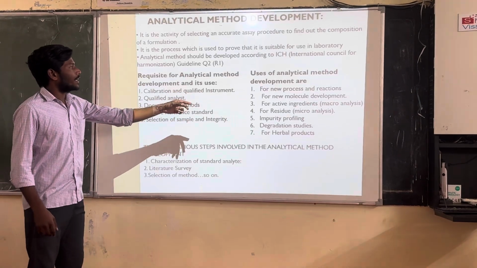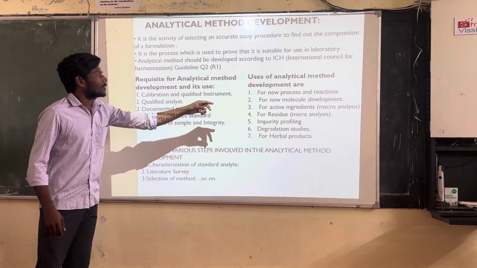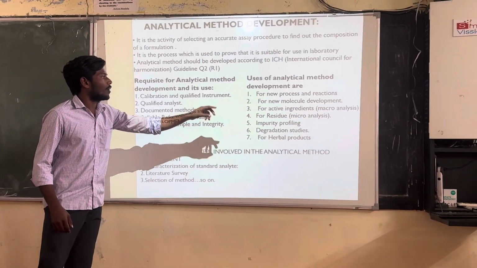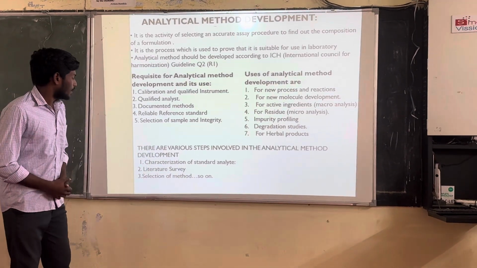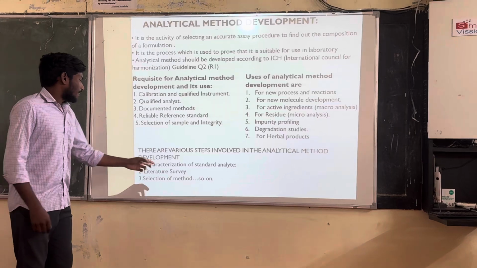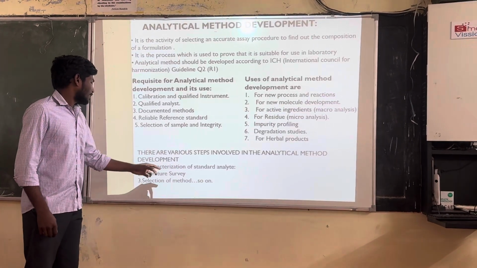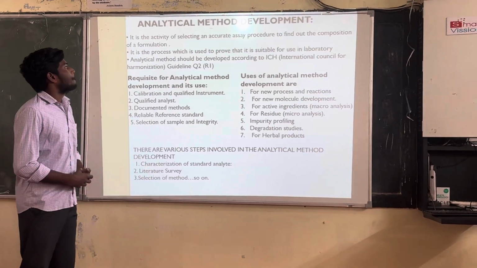Uses of analytical method development are for new processes and reactions and for new molecule development. There are various steps involved in analytical method development: characterization of standard analyte, literature survey, selection of the method, and so on.